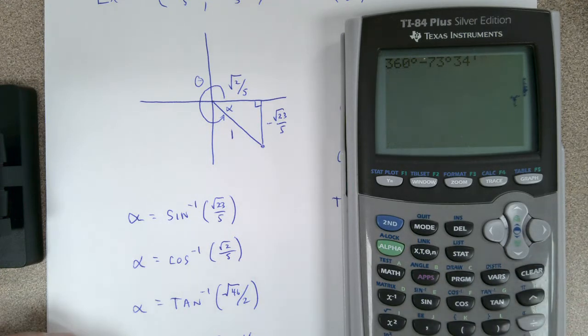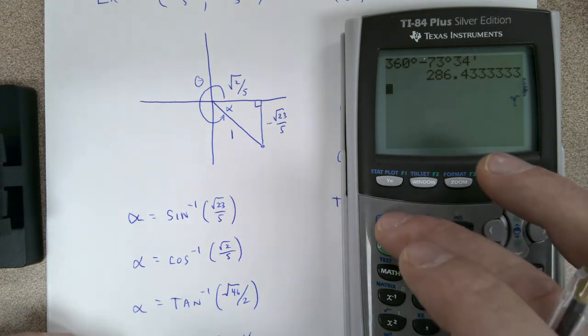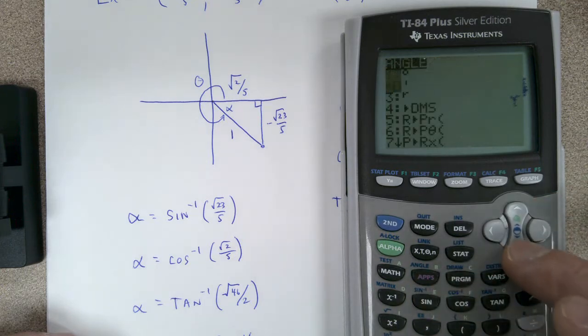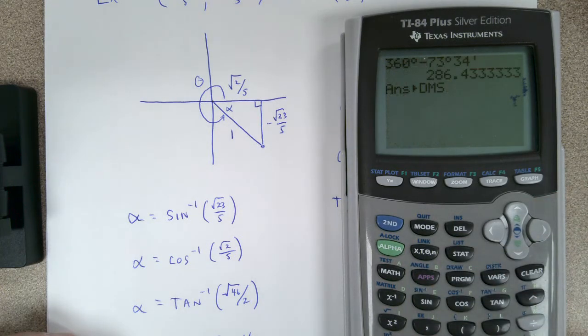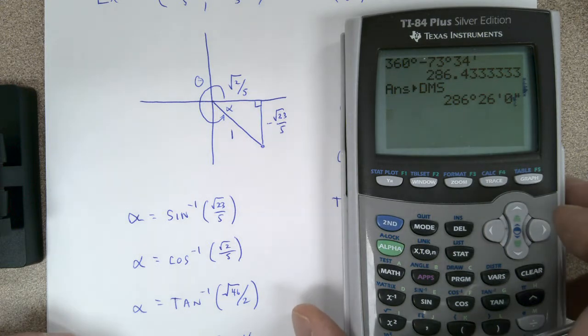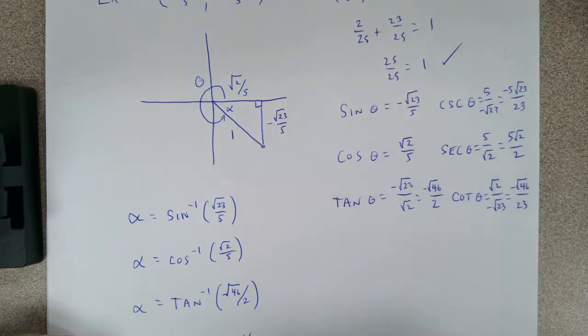And I hit enter. And that gives me 286.433, and I'm going to go ahead and change that back to degrees, minutes, seconds, and hit enter. So it gives me 286 degrees and 26 minutes. 286 degrees, 26 minutes.